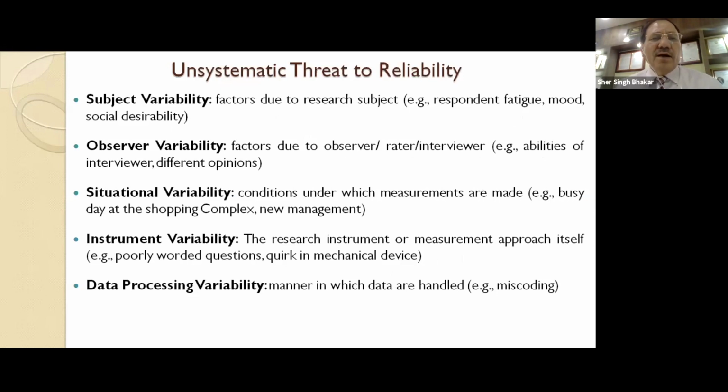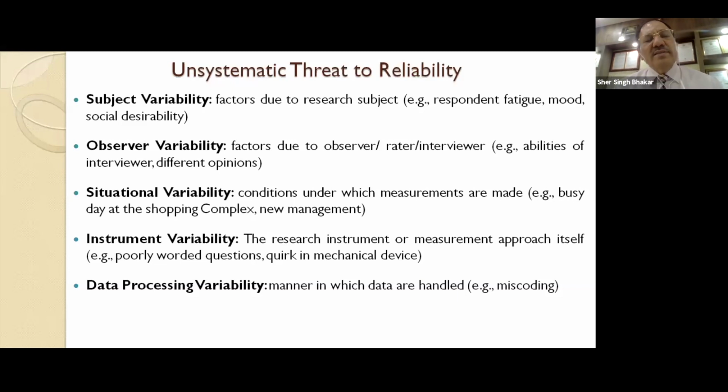Now, subject variability, observer variability, situational variability, instrument variability, and data processing variability actually create problems for both reliability and validity. Subject variability means a person can give a different response at different points in time because of his mental and psychological state. He can give different values at different points in time.